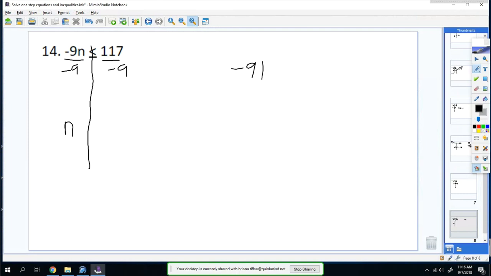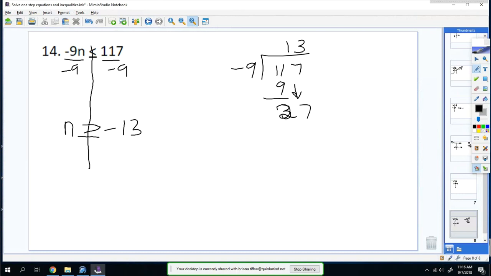Divide 117 by 9. Oops, that's supposed to be a 2. So it'd be a negative 13. I just divided both sides by a negative number, so you're going to flip the sign. So your answer will be n is greater than or equal to negative 13.